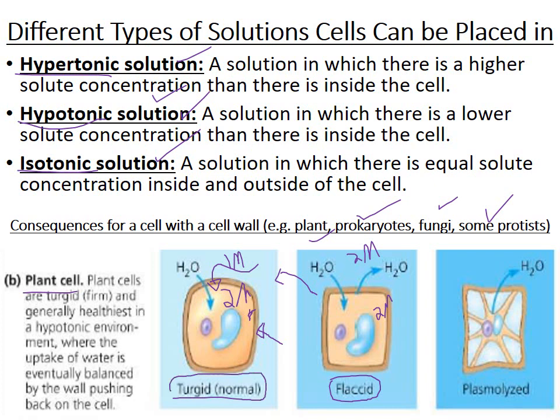It's very firm, it's a better environment for the plant, and it can now stand on its own and have more structure and integrity. So for organisms with cell walls, especially plant cells, the hypotonic environment is the best. Isotonic is not as good, and the hypertonic, that's still bad.